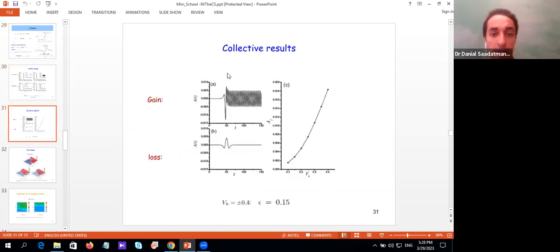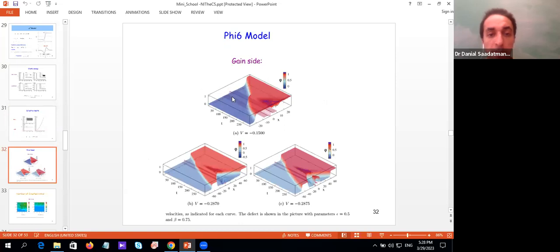Probably that is why, when the kink collides with the perturbation, some phonons can be excited, and the phonons are trapped in the gain side. The gain side produces energy, it gives energy to the phonon, and the phonon is amplified, and it can create a soliton and anti-soliton.